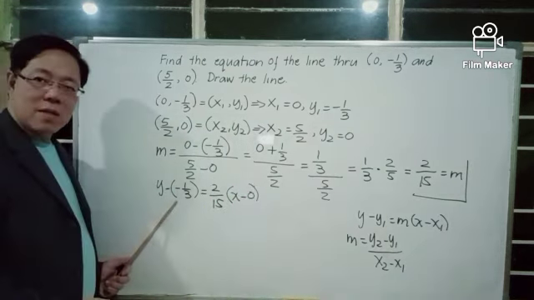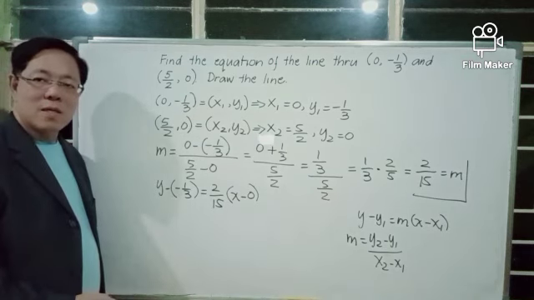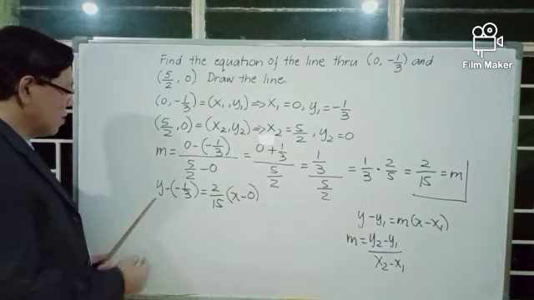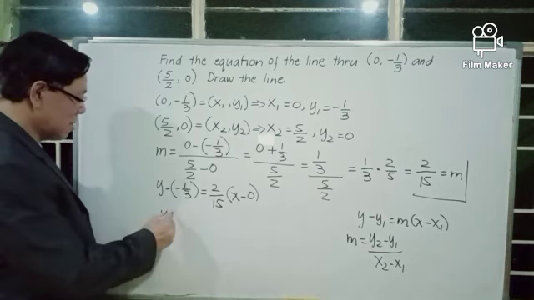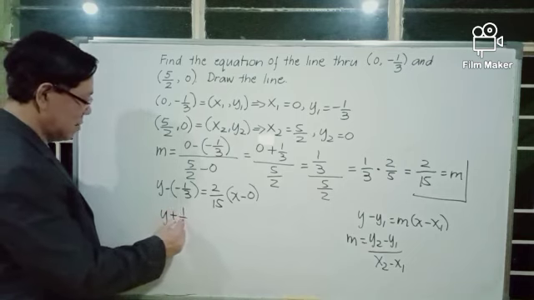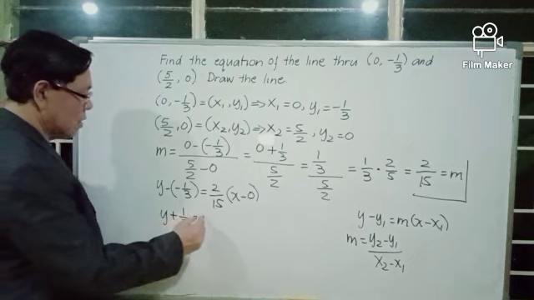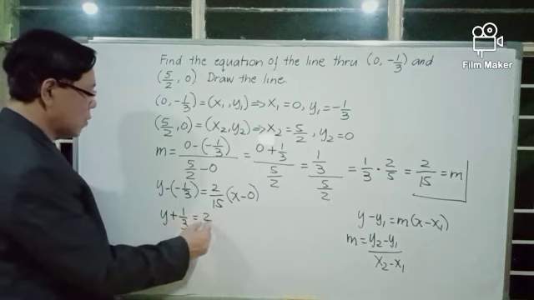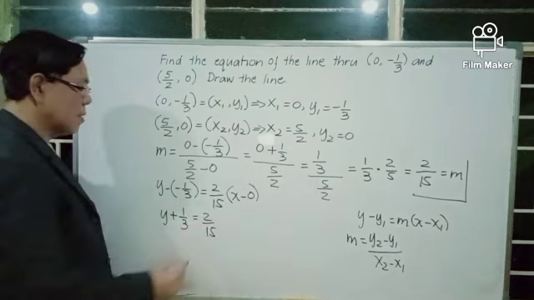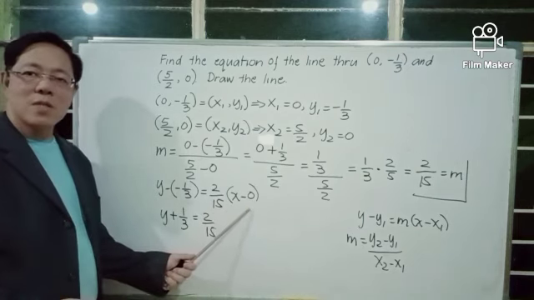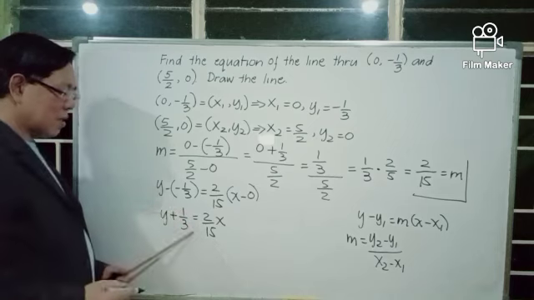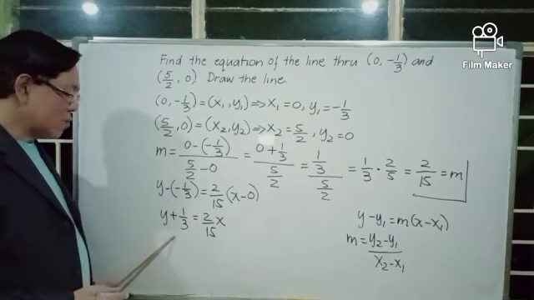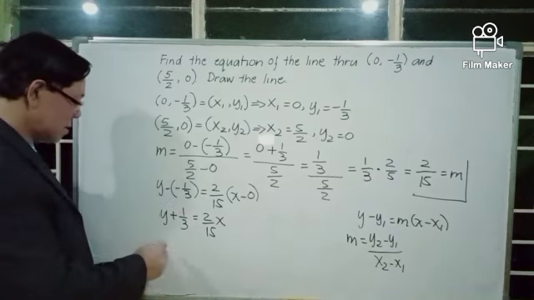We simplify this equation and we write it in standard form. We have y. Negative times negative is positive 1/3. Equals 2/15 multiplied by x minus 0 is x. We multiply the left hand side, y plus 1/3, by 15.